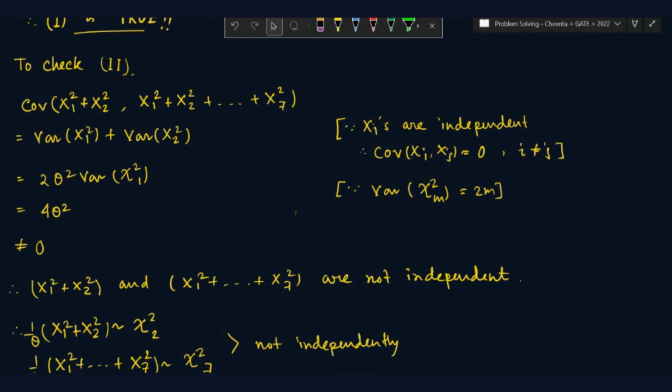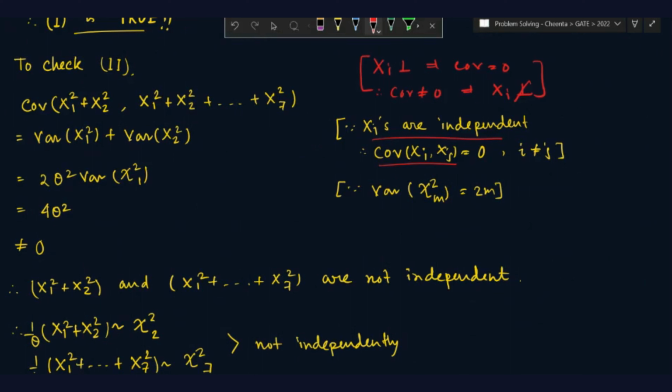For this, first, if two variables are independent, then covariance is 0. But covariance 0 does not necessarily imply that they are independent. But we can say that if the xi's are independent, it implies covariance is 0. So covariance not 0 will imply xi's are not independent. We will use this fact here only.